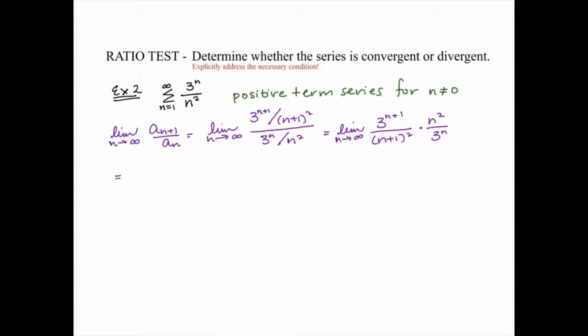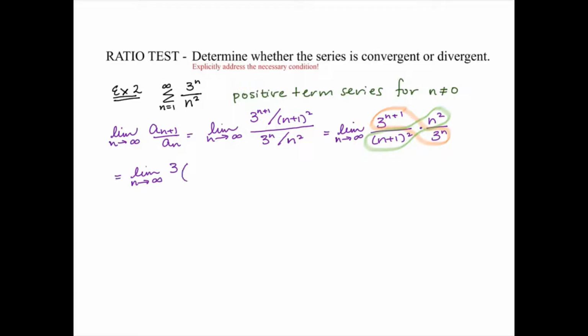And then this 3 to the n plus 1 over 3 to the n is going to simplify to just a 3 in the numerator. And the n terms I can combine into a single fraction raised to the second power.